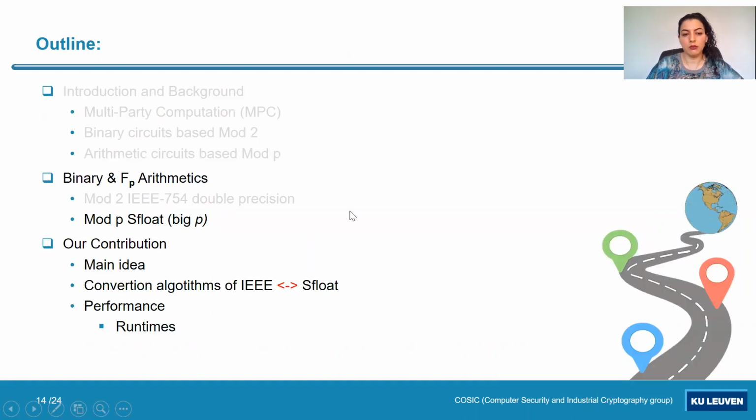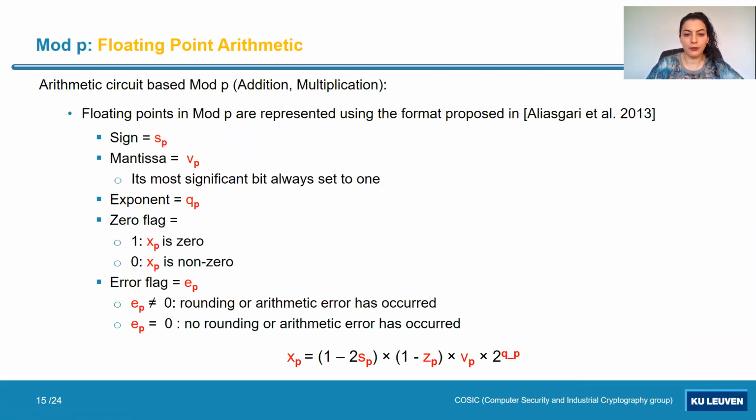Okay, let's move to the Mod P world. In this world, we are using the representation given by Aliasgari et al. in 2013. They have the sign bit, mantissa, and exponent, same as the Mod 2 world, but they define 2 more flags, zero and error.